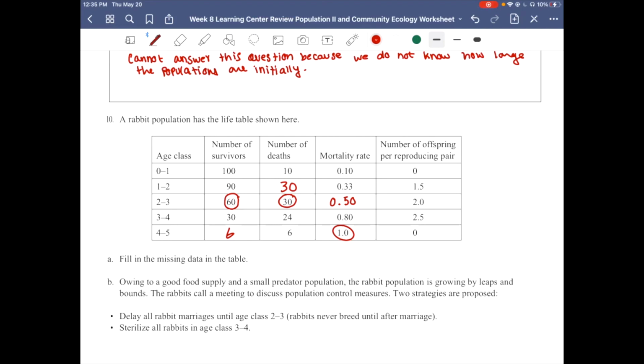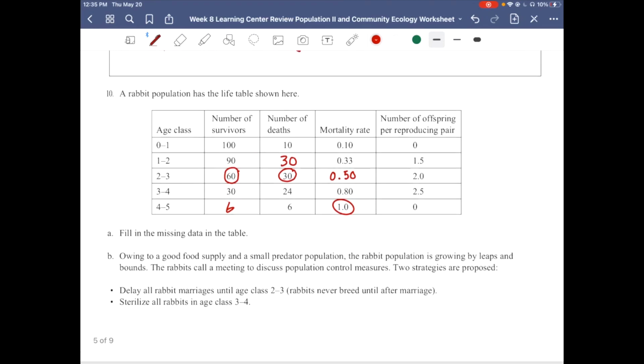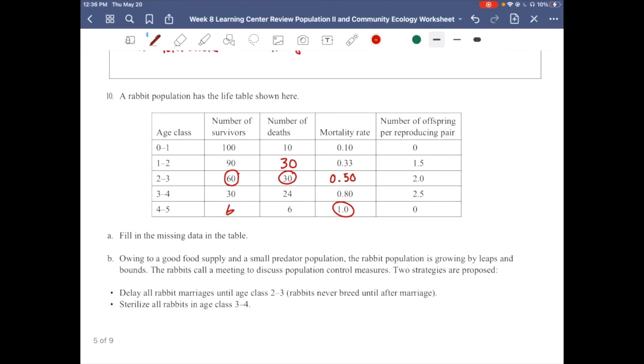All right, so we did filling in the missing part, and the next part is saying, owing to a good food supply and small predator population, the rabbit population is growing by leaps and bounds. The rabbits called a meeting to discuss population control measures. Two strategies are proposed.